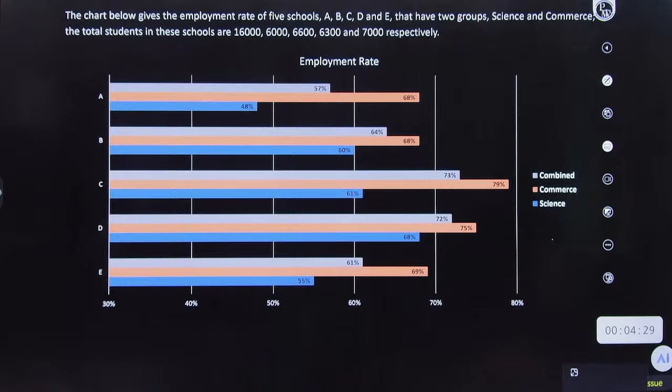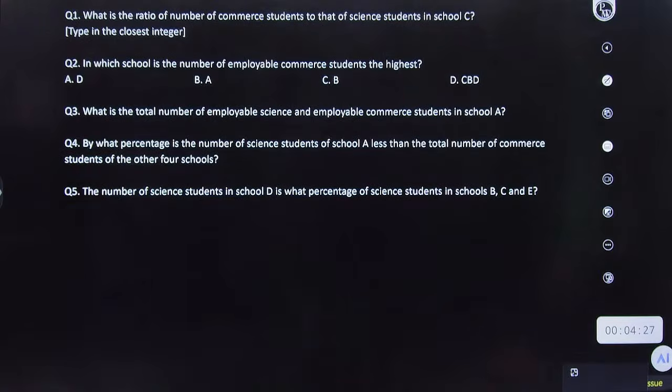Want to see the questions? Yes, Rishita. Yes, yes, yes. We do have a session this week.